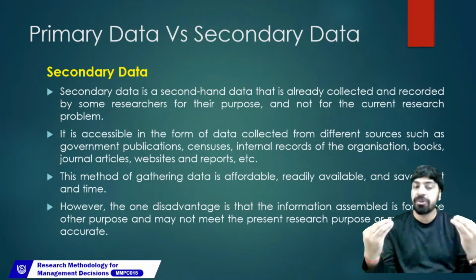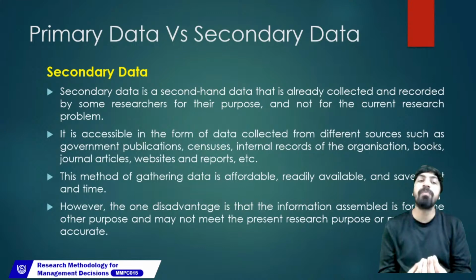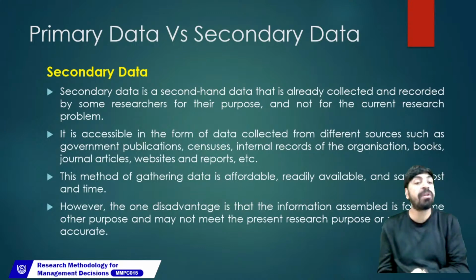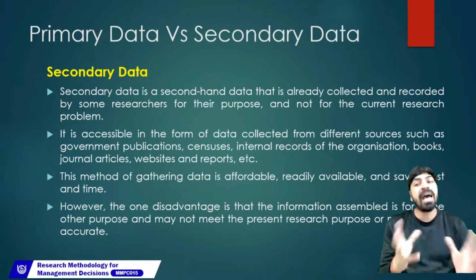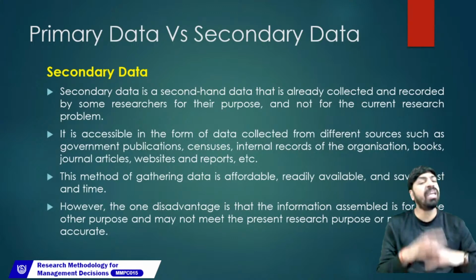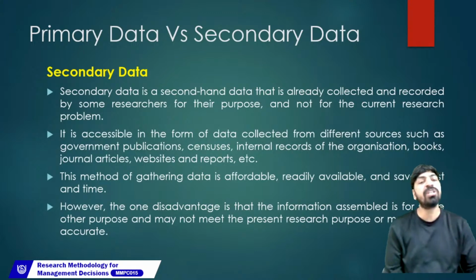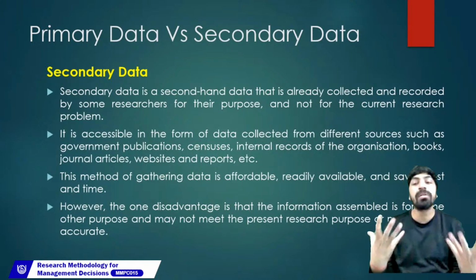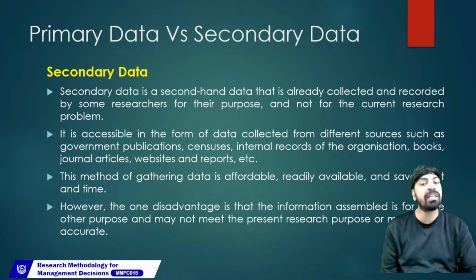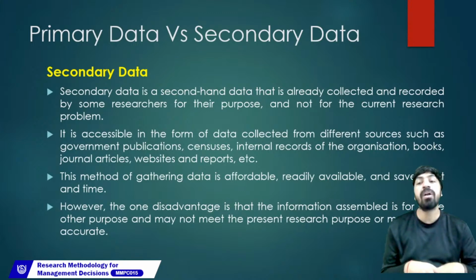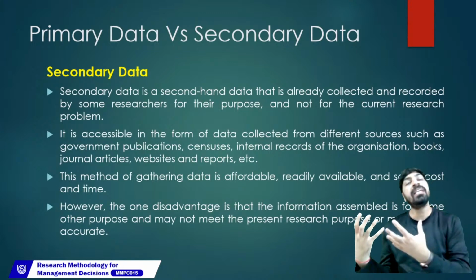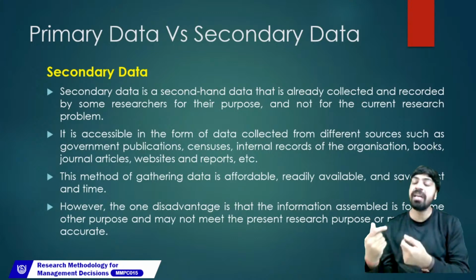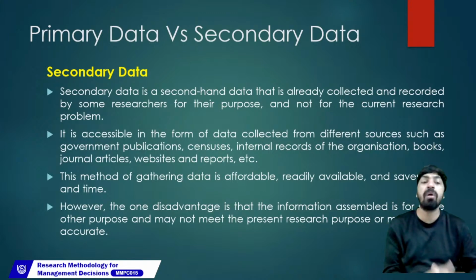It doesn't portray our current research problem. It is collected from various sources of information, for example government publications, census data, internal reports of organizations, books, journal articles, websites and reports. This method is very affordable because it is easily available online and offline, and it also saves time and cost.